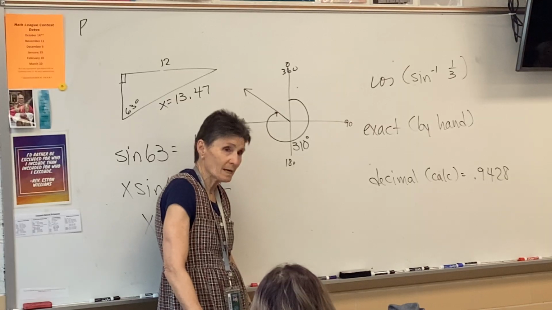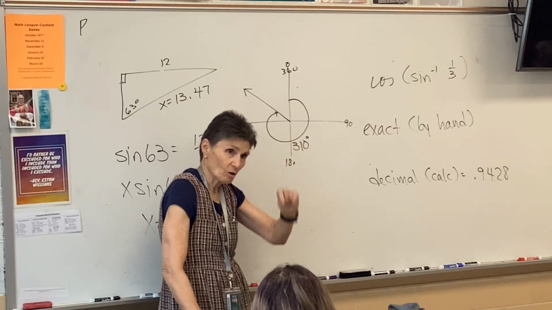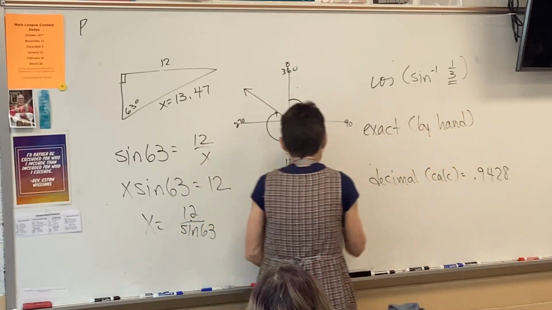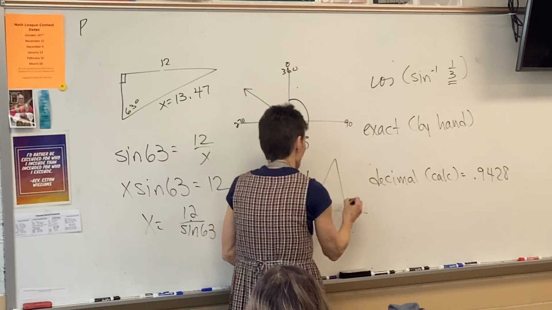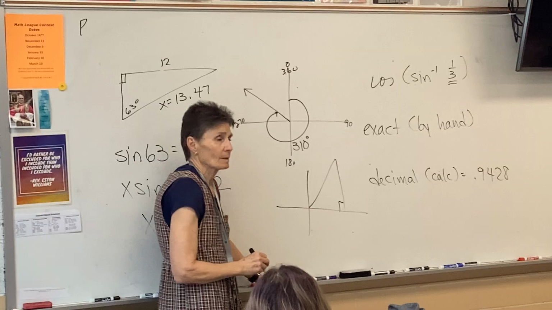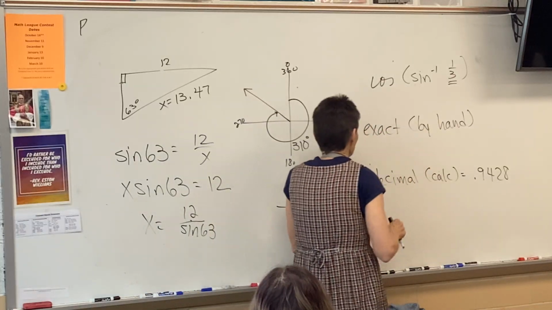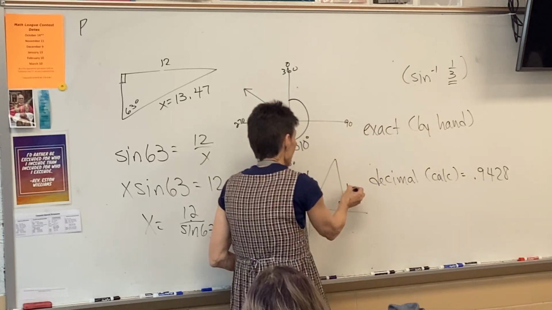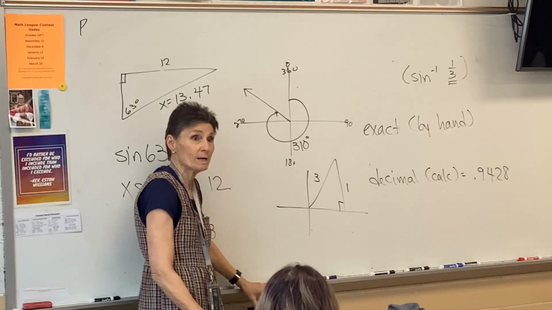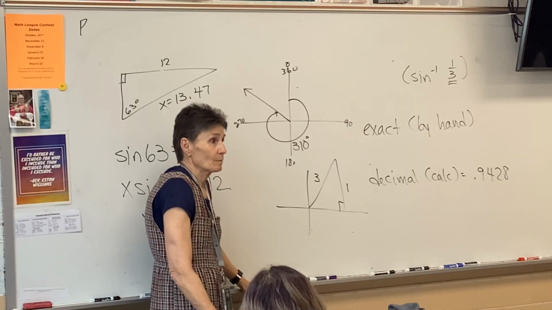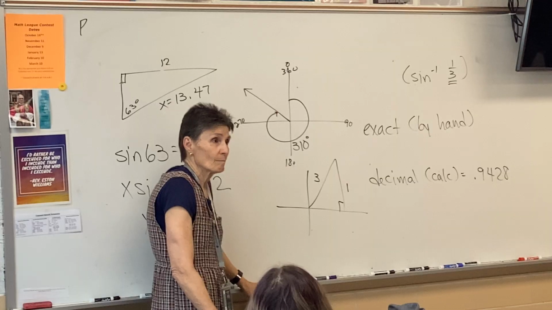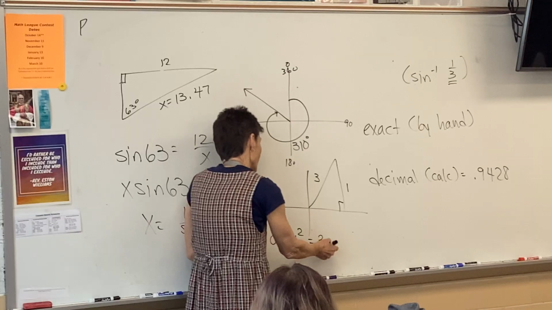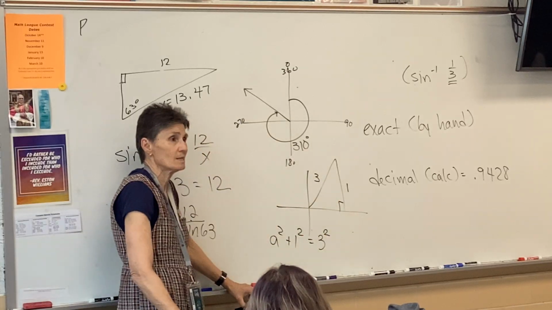Remember what you do if you do it by hand? You draw a picture, right? That is a positive number right there, so I'm going to draw this picture in quadrant 1. Remember, I'm not doing this part. I'm looking at just the parentheses. This tells me that the opposite over hypotenuse is 1/3. So what do I need to do? Pythagorean theorem. So a squared plus 1 squared equals 3 squared. Remember, the hypotenuse is always c.